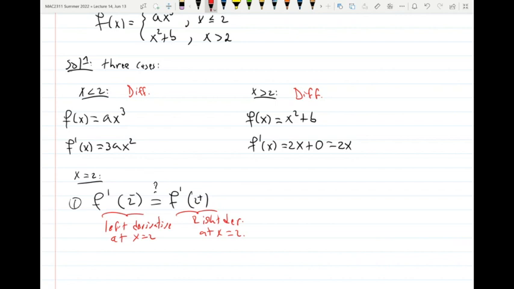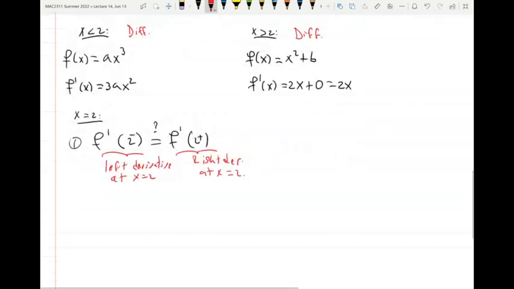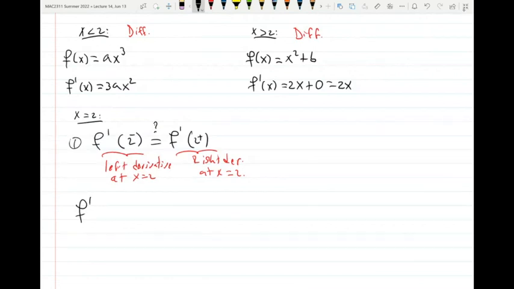For these two guys to match, we need to know what they are equal to. So what's the left derivative at 2? That would mean plugging 2 into the formula for our first case, which is x less than 2. Does everybody understand why I'm using that formula and not something else? Because we're to the left. So here we get 12a.